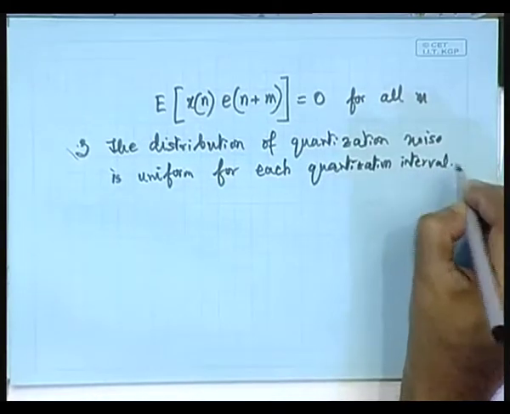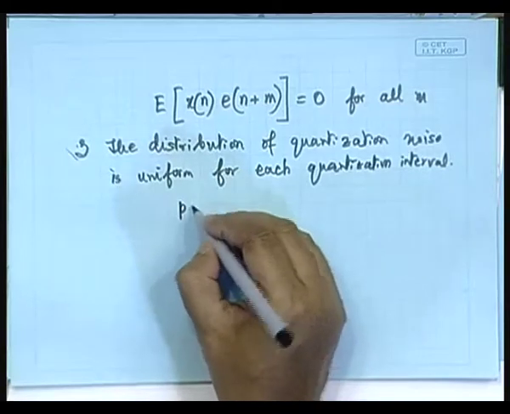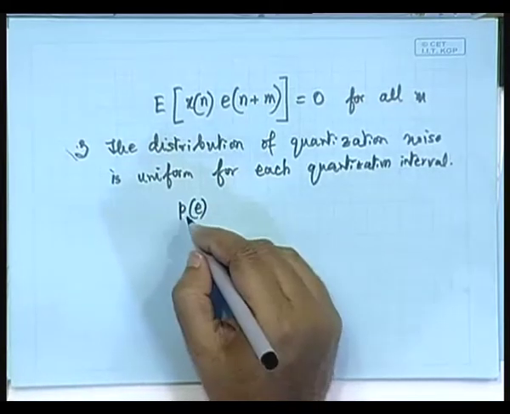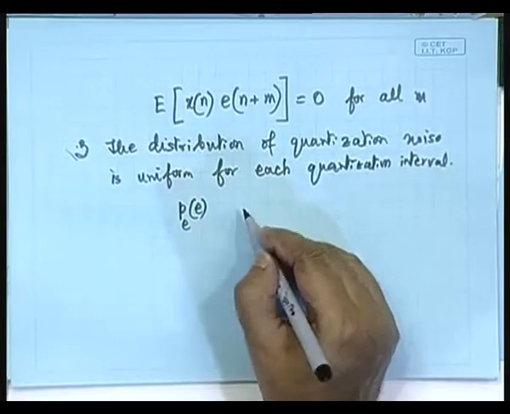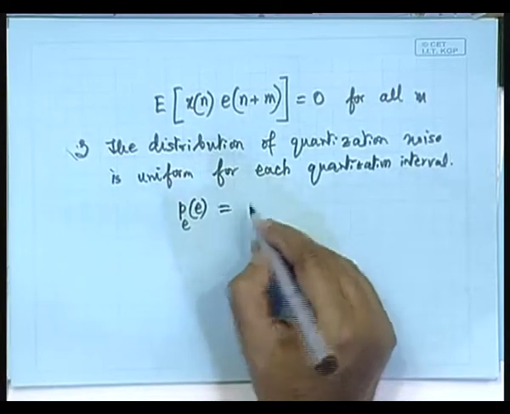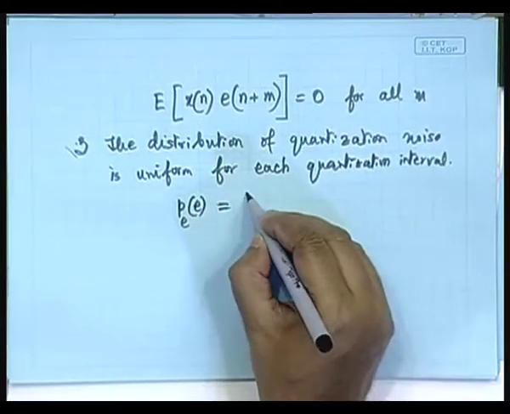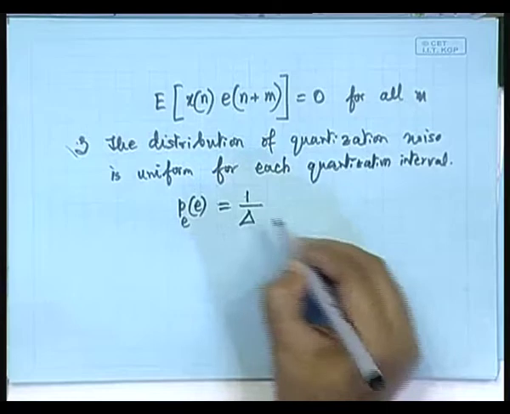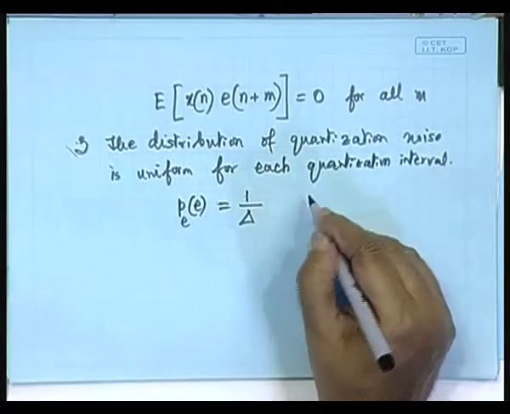And we are going to express that as the probability density function of E, so P E with respect to E. Because it is uniform, we write it as 1 upon delta, delta being the step size which I already mentioned.